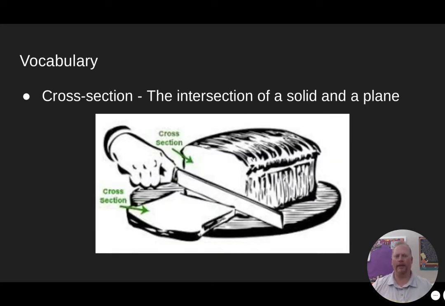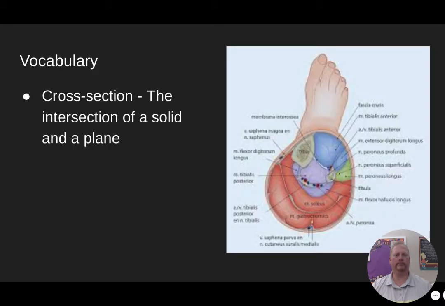If you take a loaf of bread and cut off a slice, you've just created a cross-section of the loaf. If you've ever had an MRI or a CAT scan, they use that technology to get a cross-section of whatever's going on in your legs or your brain. It's almost as if they were to take your leg, slice it off, and look at what's in there.